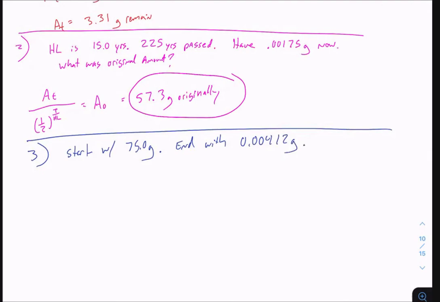So we have a starting amount, we have a final amount. Half-life of this isotope is 2.5 days. How much time has passed?